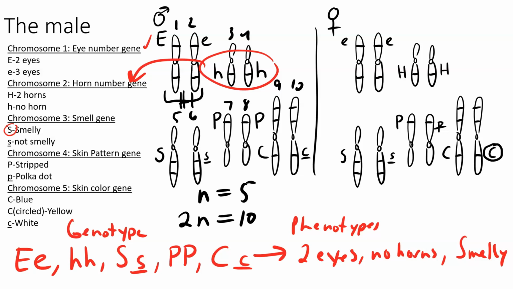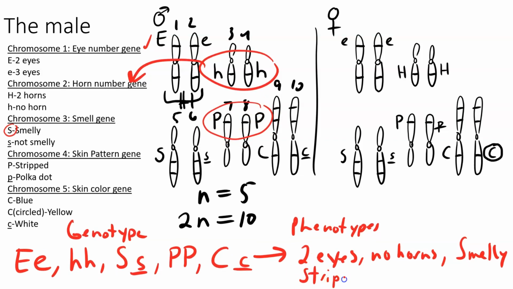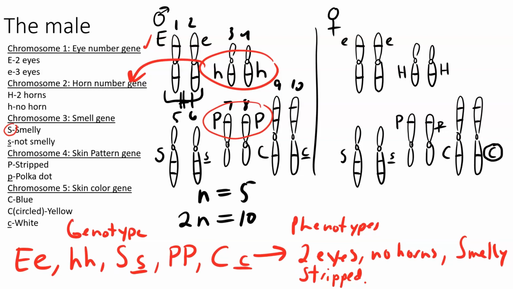For the skin pattern gene, it's homozygous dominant, so it's going to be striped. And then with respect to the last gene, the one that's on chromosome number 5 here, we'll use this gene tracker over here, and it's a heterozygote, so it has the non-circled capital C paired with a lowercase, the underlined c.